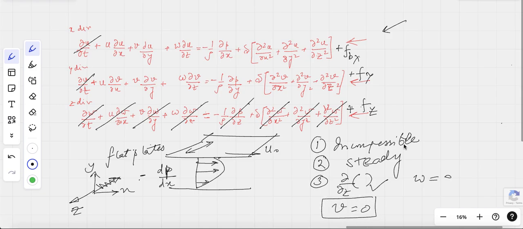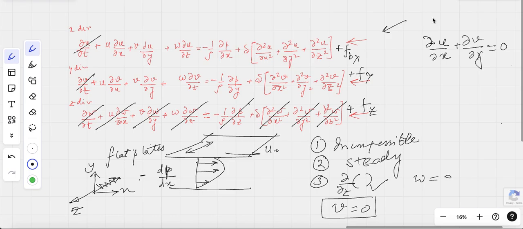Now how is v 0? This will come from the continuity equation: du by dx plus dv by dy is equal to 0, right?